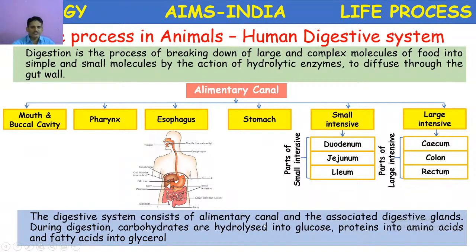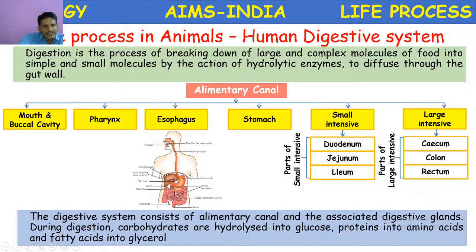So the digestive system consists of the alimentary canal and the associated digestive glands. The associated digestive glands, if you see in this picture, are the liver, pancreas, intestinal glands, and salivary glands.